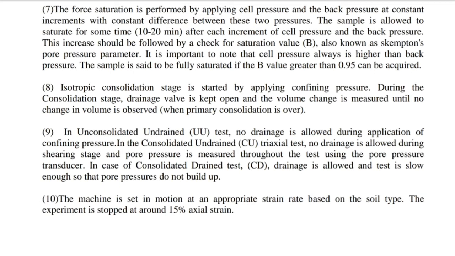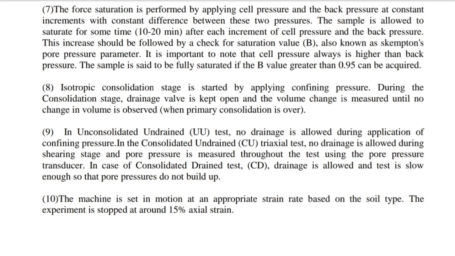9. In the unconsolidated undrained (UU) test, no drainage is allowed during application of confining pressure. In the consolidated undrained (CU) triaxial test, no drainage is allowed during the shearing stage and pore pressure is measured throughout the test using the pore pressure transducer.